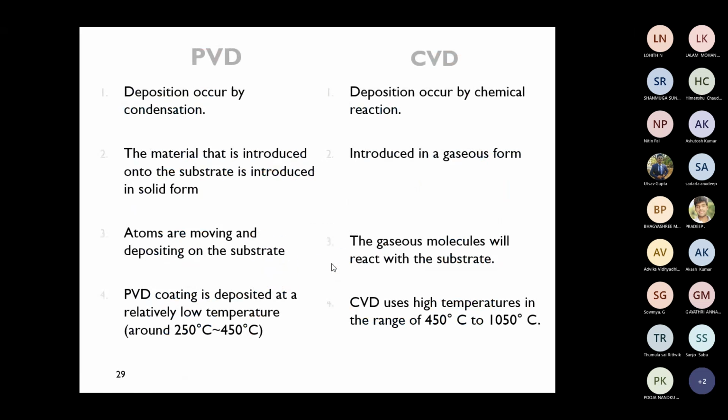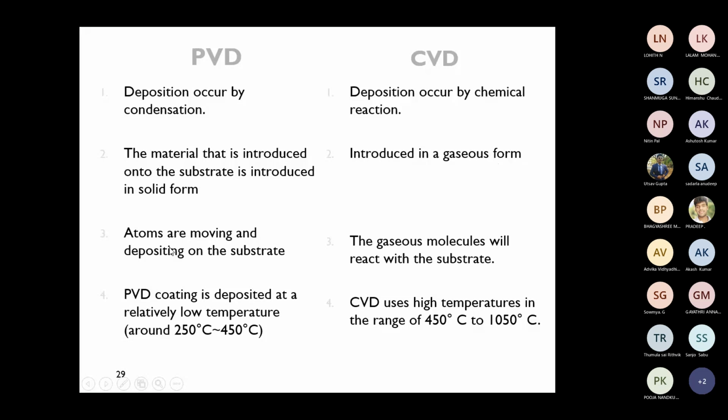And PVD and CVD, we can compare them. In physical vapor deposition, deposition occurs by condensation, but in chemical vapor deposition it occurs by chemical reaction. The material introduced onto the substrate is in solid form in PVD and in gaseous form in CVD.